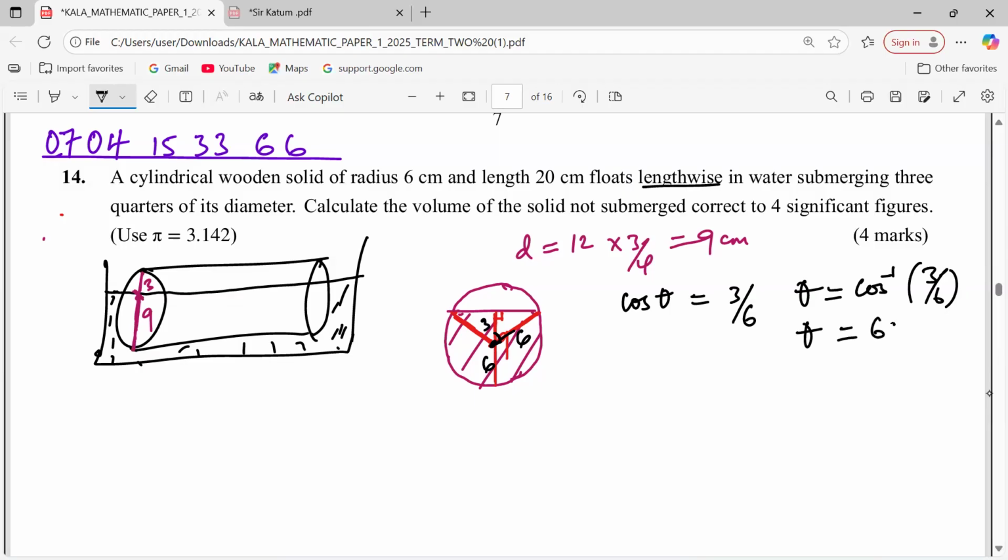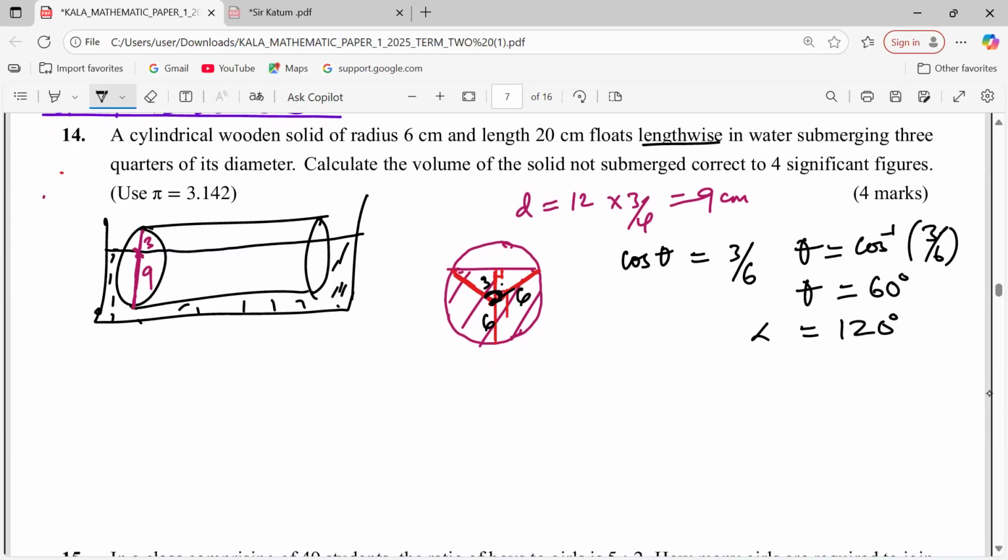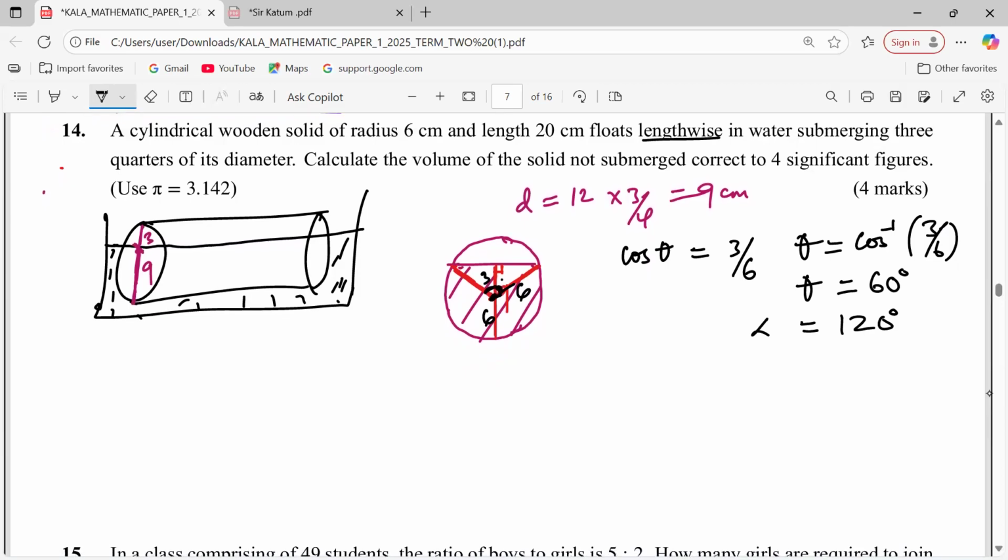So the angle there is 60 degrees, meaning that the whole angle is going to be 120, because you've just gotten one of the acute angles. With that, we'll talk about sector minus triangle to get the part which is not submerged. Actually, the unsubmerged part is a minor segment.